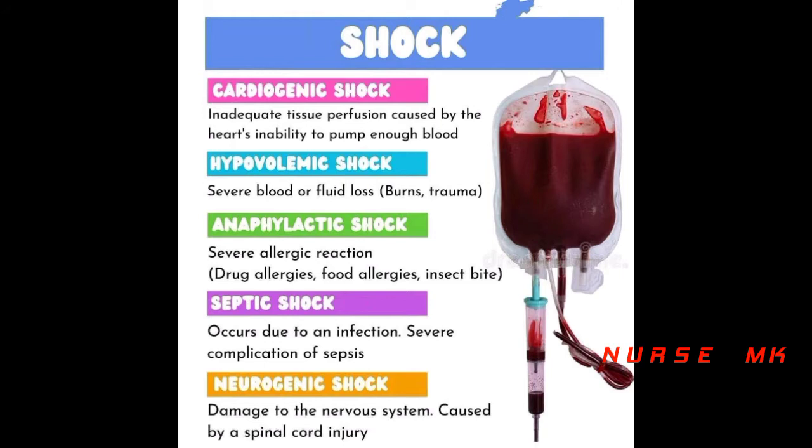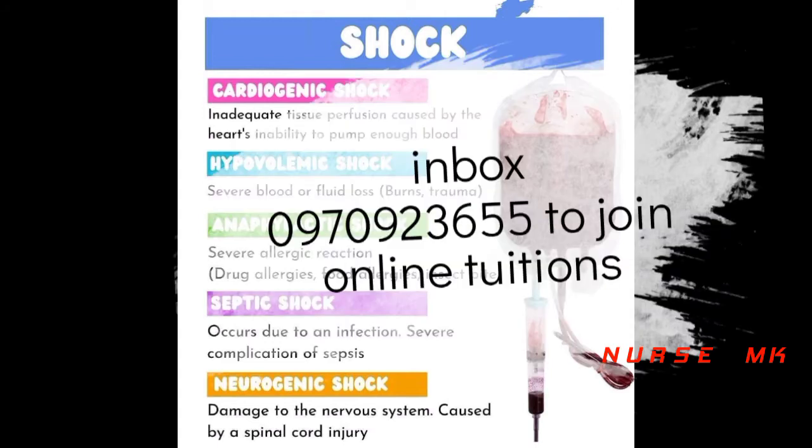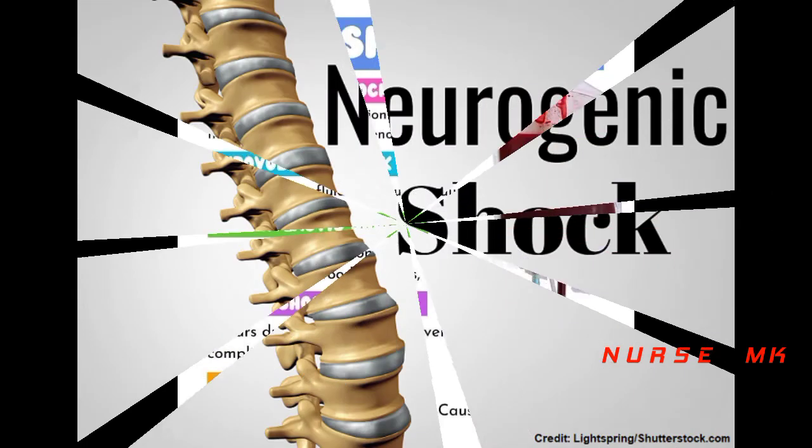The loss of blood may be external or internal. When more than 10% of the blood volume is lost, hypovolemia occurs, which is low body blood volume. And once there has been low body blood volume, it leads to a decrease in the blood pressure and eventually leading to shock.